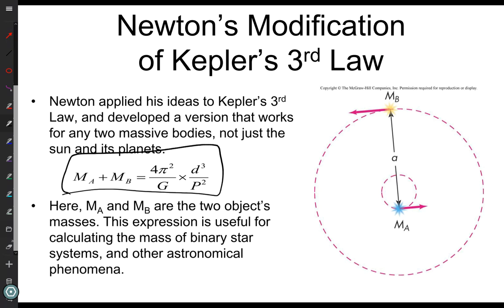Yes, Max? You said that d was the distance between them, or d was the radius? Both. Now, if you look at this, they use the symbol A in this picture. A is the separation between the two stars. You have both of them doing circles, right? If one's not a negligibly small mass compared to the other, they're both doing circles.